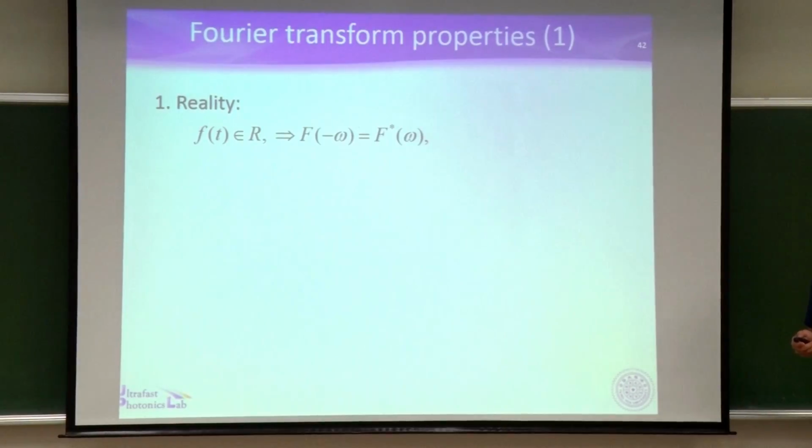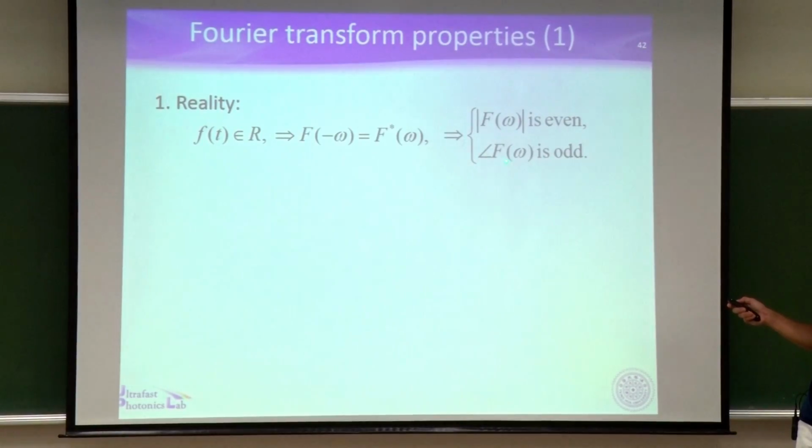But if you stop here, it's kind of unclear. What does this mean? So let me interpret this relation in this way. This relation means two things. First, if you check the magnitude function, it's an even function.